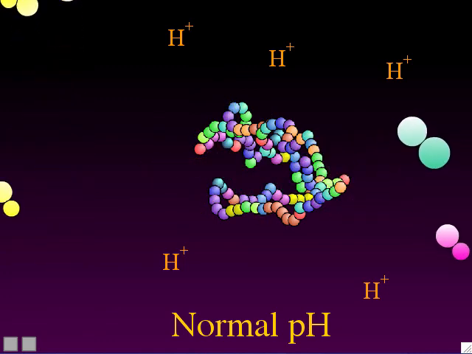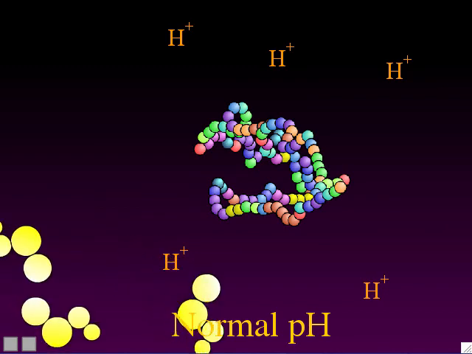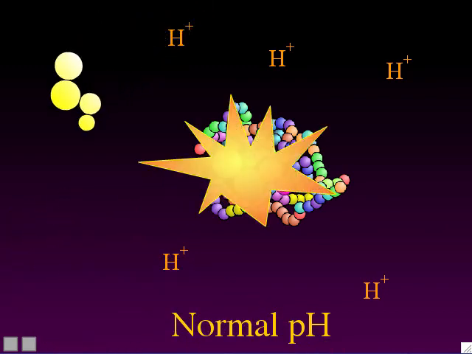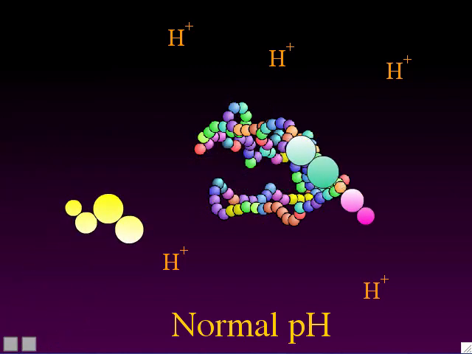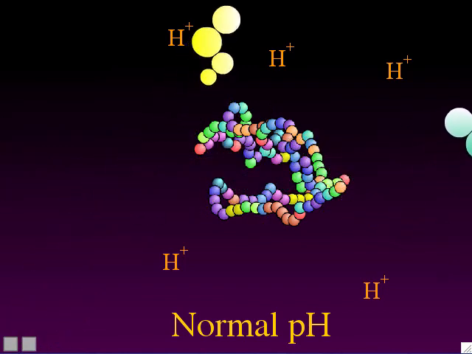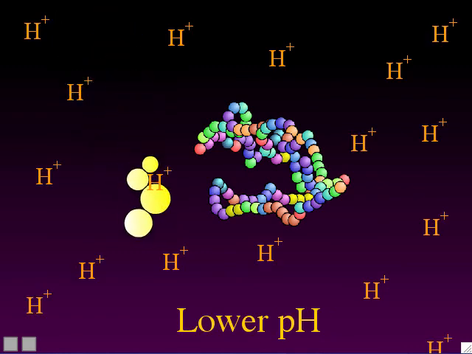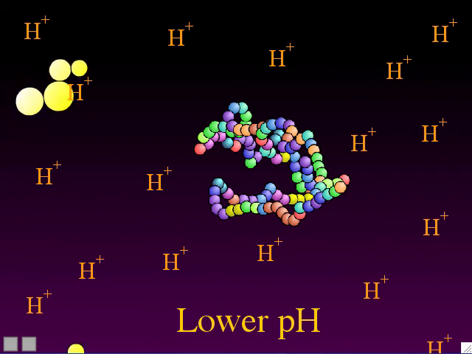And the answer is more hydrogen ions, because remember the pH scale is backwards, and that means the lower the pH, the more hydrogen ions. So if we now put this enzyme at a pH that's lower than its normal pH, that means we're putting the enzyme in an environment that has a higher number of hydrogen ions than the enzyme normally has.